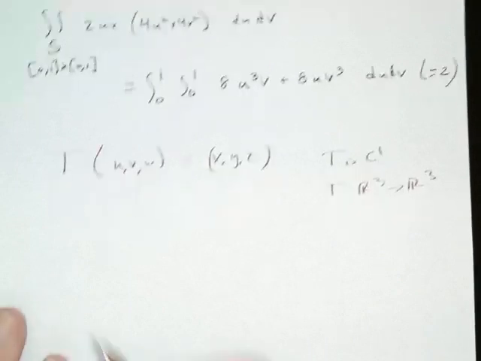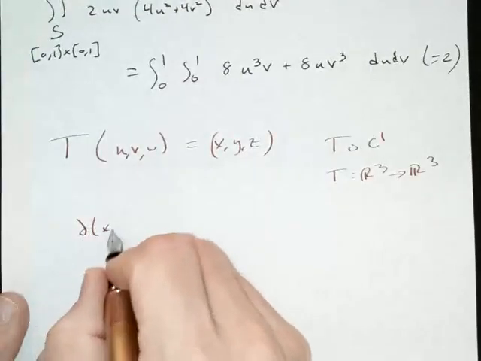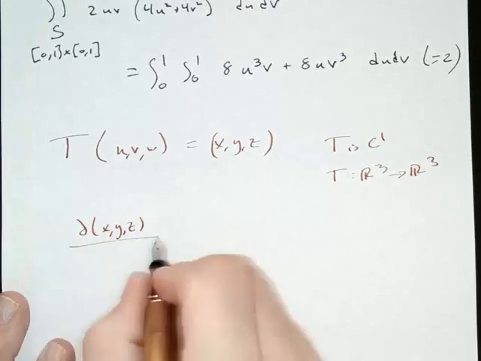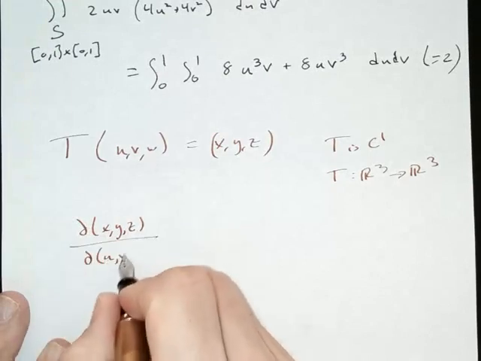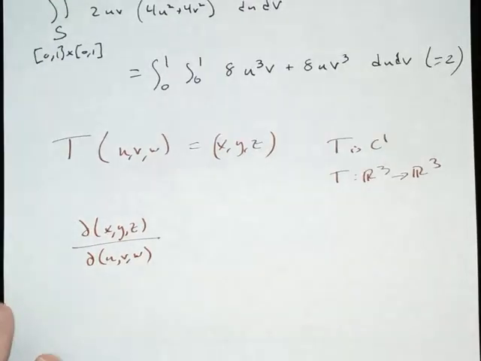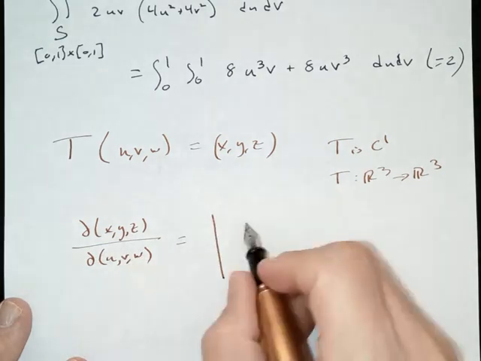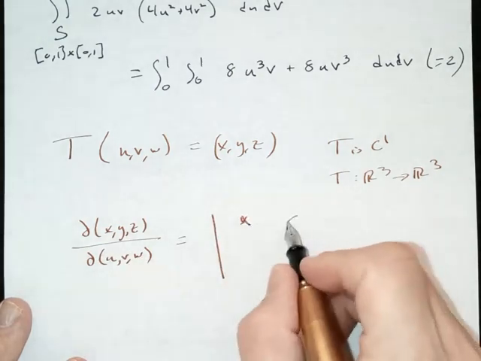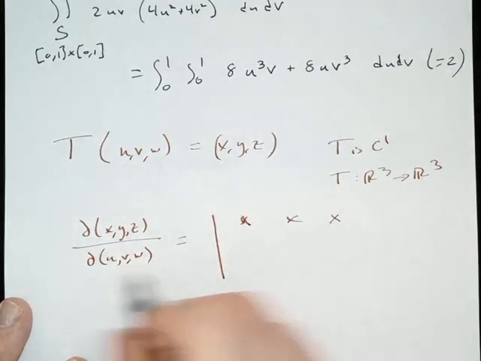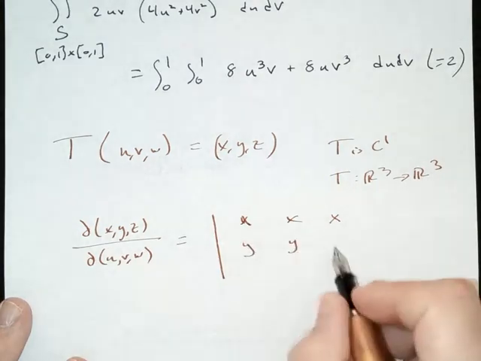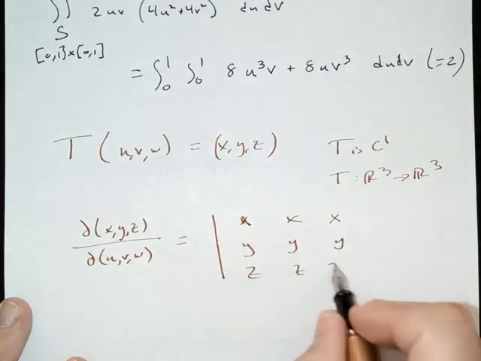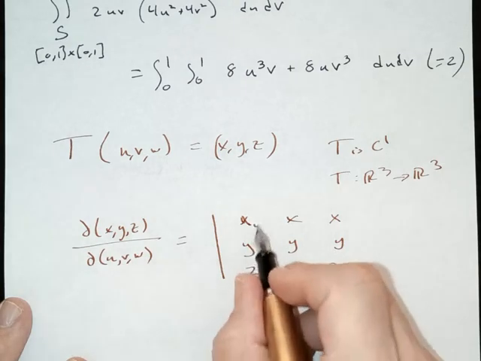My Jacobian, each row is a variable up here. Each column is a variable down here.